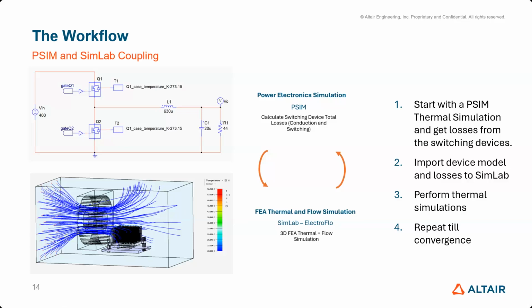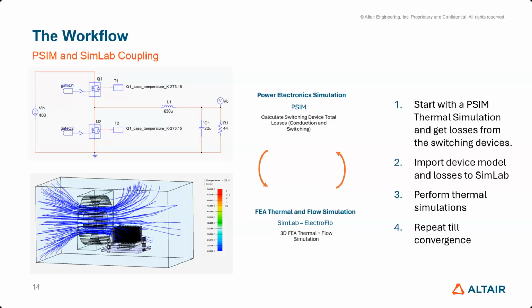Then from that PSIM simulation, we have losses and a model for SimLab to process. Now on SimLab, we should have our complete model. We should have the materials assigned, and maybe some simplifications about certain geometries that might be troubling. But other than that, we just need our model to be as it comes.